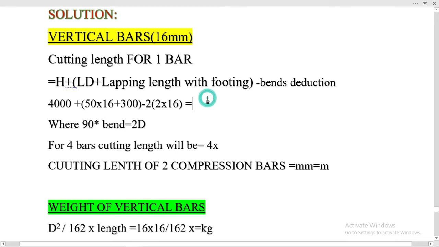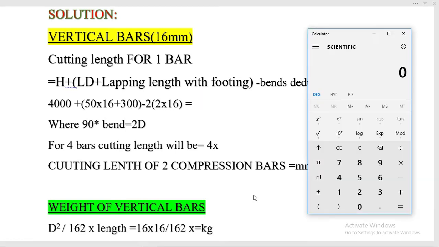Let me now calculate it on the calculator. 50 into 16 gives 800, plus 300, we have 1100. 4000 plus 1100 gives 5100, minus 16 into 2, 32, 32 into 2, 64, minus 64.